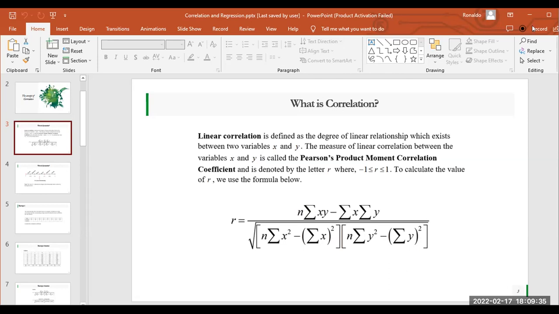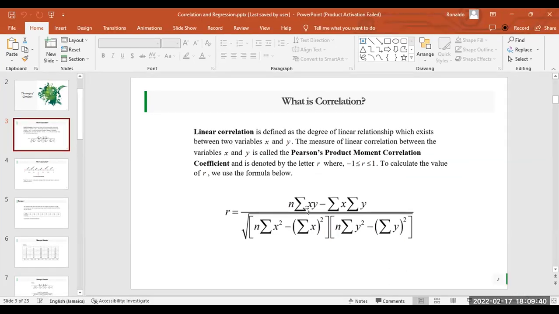The formula for R is n times the sum of x times y minus the sum of x times the sum of y, divided by the square root of n times the sum of x squared minus, in brackets, the sum of x all squared, multiplied by n times the sum of y squared minus, in brackets, the sum of y all squared, all square rooted.